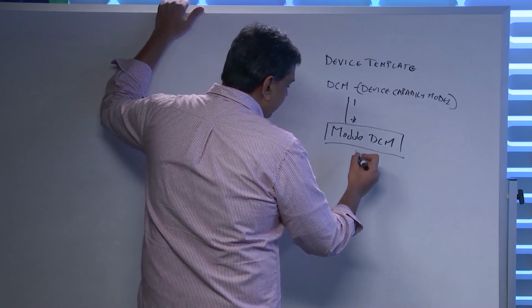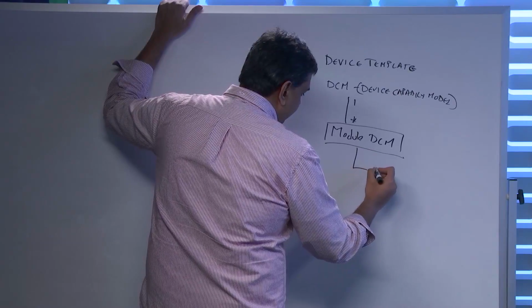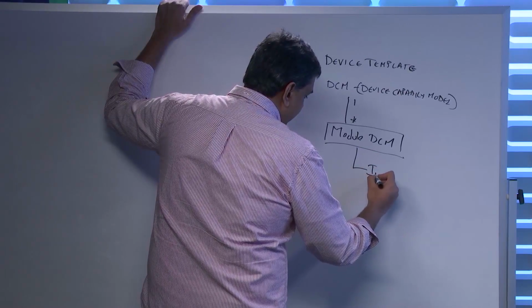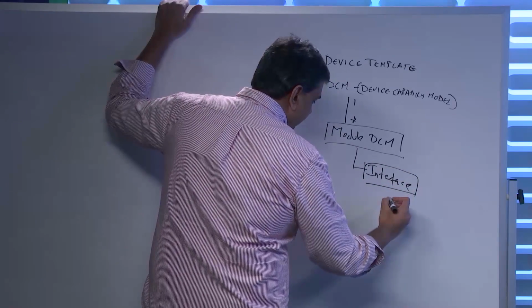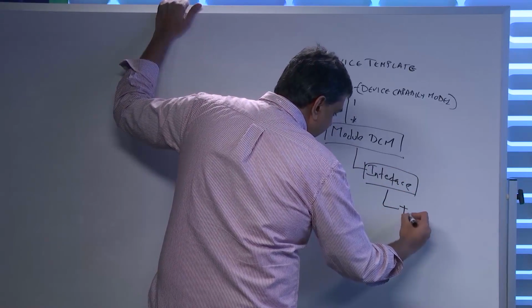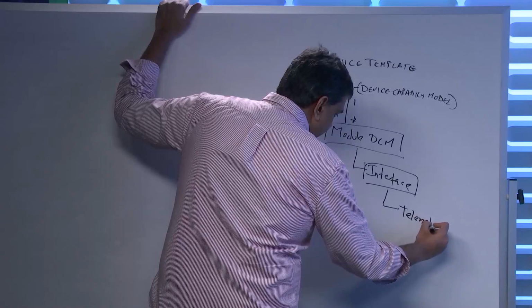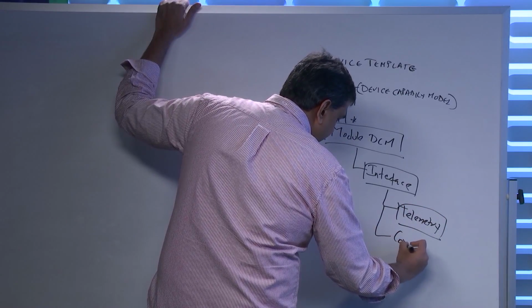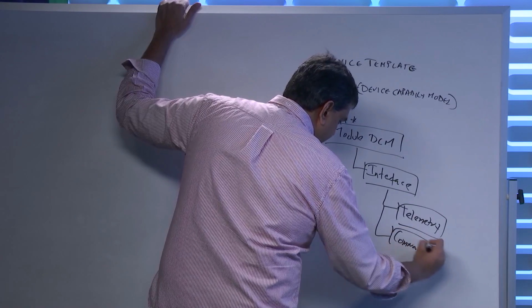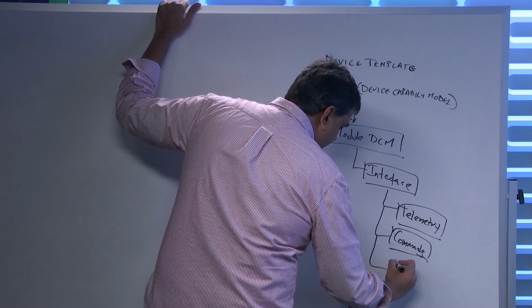And this module will now have interfaces. So let's say you have an interface here which is describing your telemetry, your commands, and your properties.